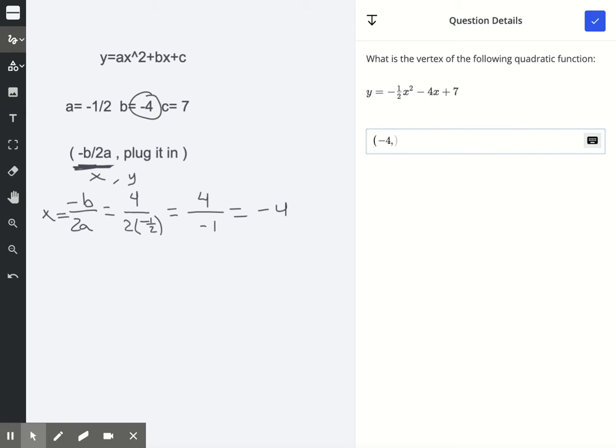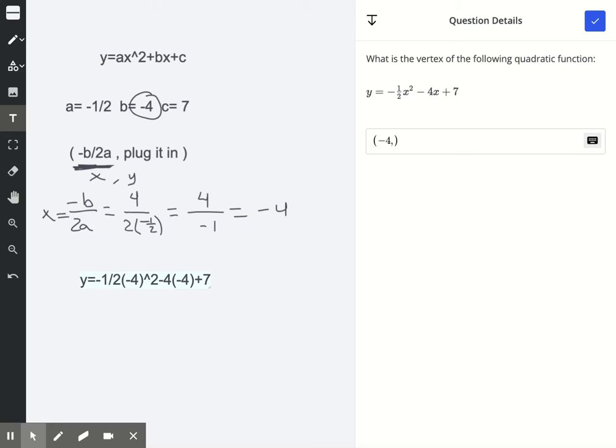Now always, if you have an x, how do you find a y? Well, you take it and you plug it in, don't you? So we're going to take this x and plug it into these two x's. So we're going to say, start typing, y equals negative 1/2, parentheses, remember the parentheses, negative 4 squared, minus 4, parentheses, negative 4, plus 7.